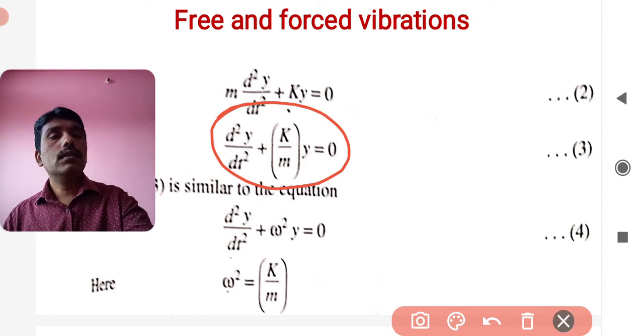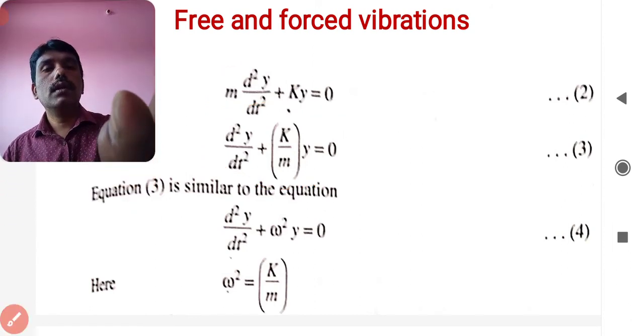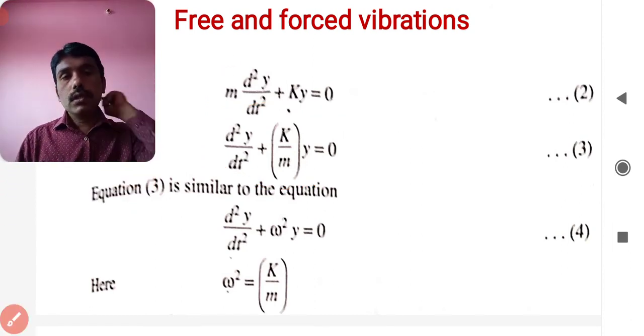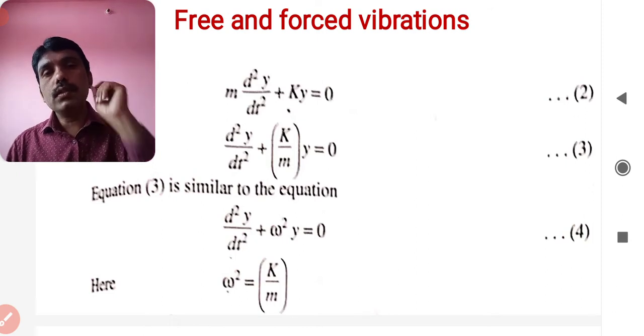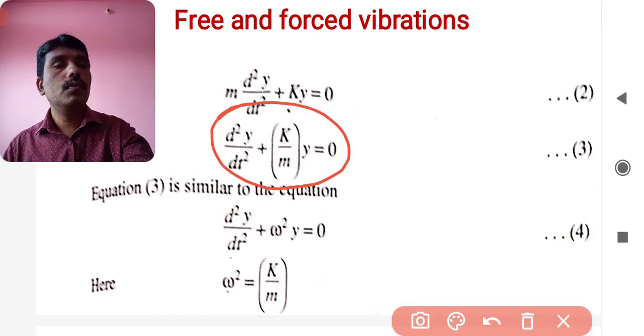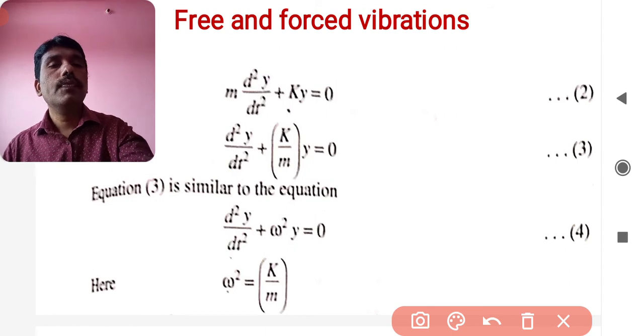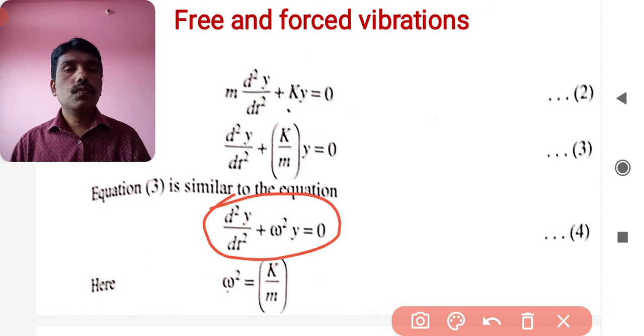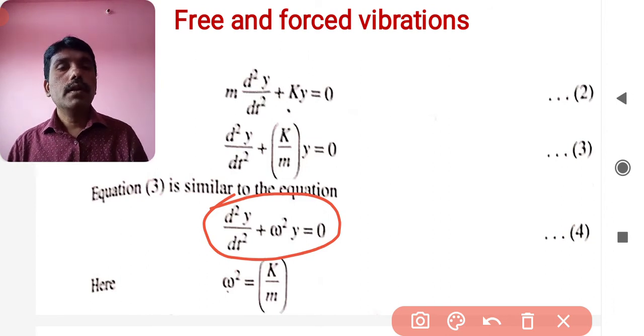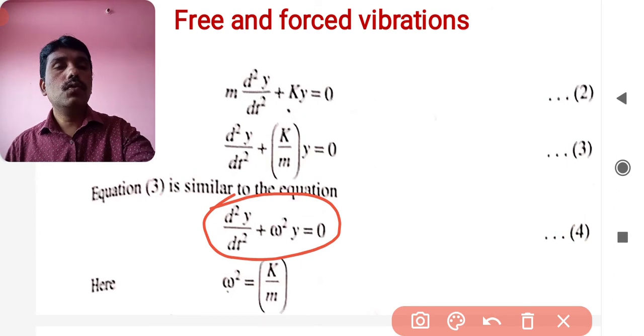And this relationship, equation 3, is similar to another relation, and that is d2y by dt square plus omega square y is equal to 0.